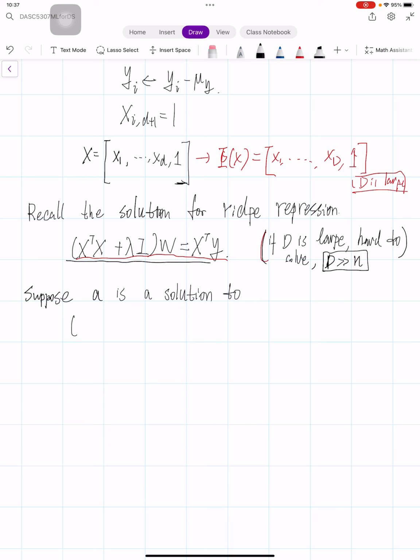Instead of solving this equation, we want to find A. Remember, A is an n-dimensional vector, and (X X transpose plus lambda I) times A equals y. If A is a solution to this normal equation, and recall that if lambda is greater than 0, there is always a solution.